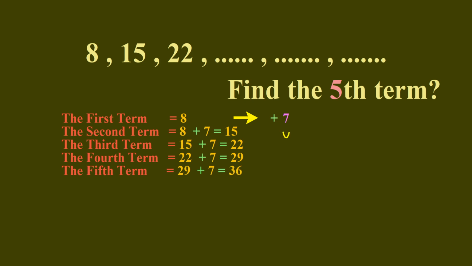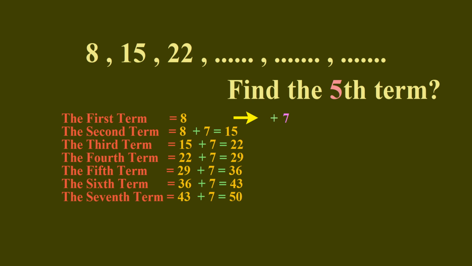By the same method, we can get the sixth term, which equals 36 plus 7, which equals 43. And the seventh term is equal to 43 plus 7, which equals 50. And in our problem, the required term is the fifth term, which equals 36. And this was the manual method solution for this problem.